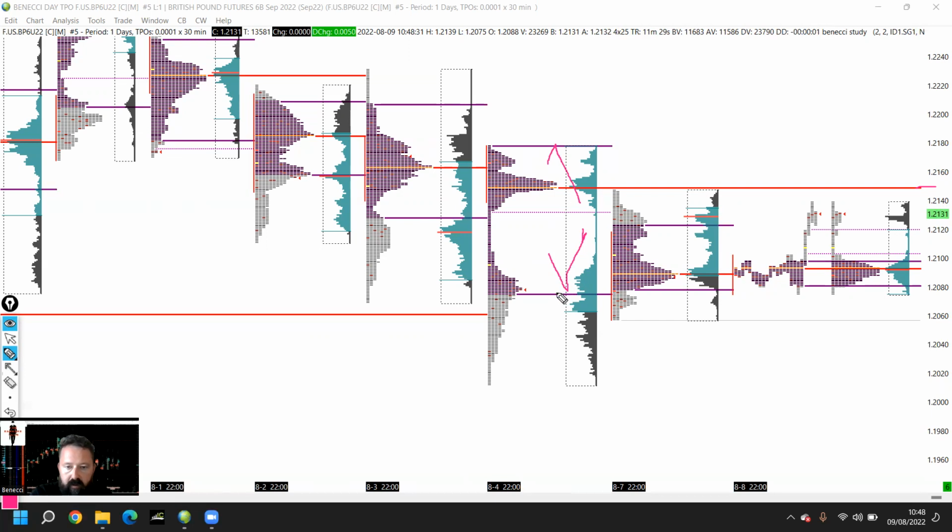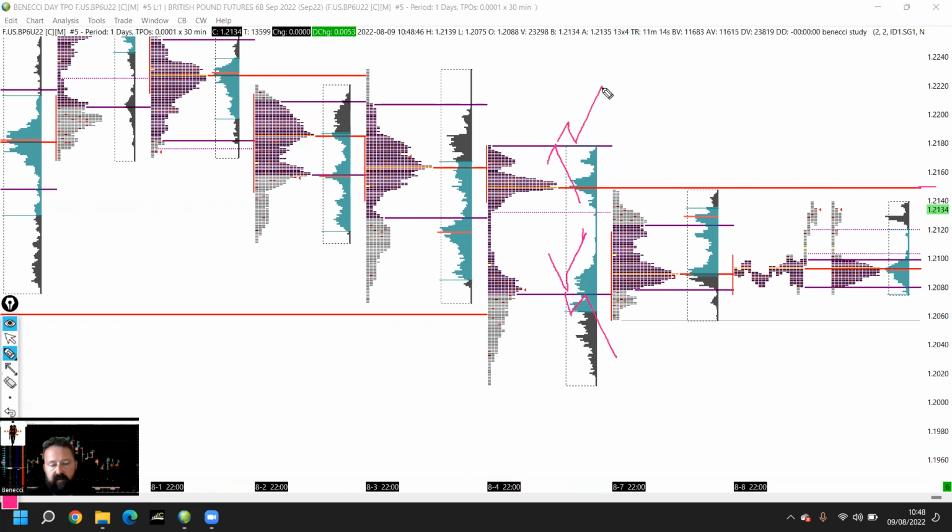Again, we have to use other confluences. Just because it's getting towards this area of a previous profile doesn't mean it's going to actually reverse. Or we can watch order flow, see if we get a breakout, and then we might retest and auction lower, or we might get a breakout of value, retest, and auction higher.